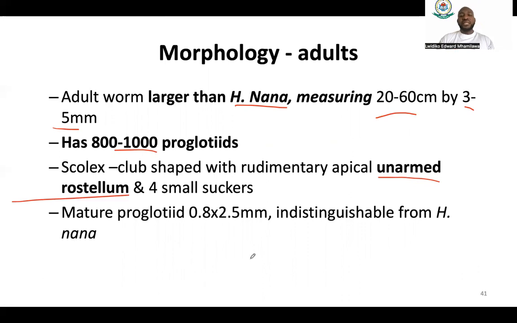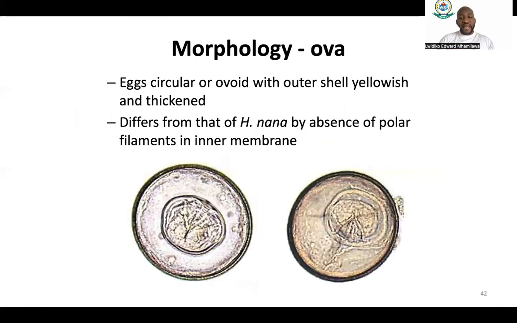So mature proglottids can be up to 2 millimeters wide, and they're not very distinguishable from the H. nana ones. These are the eggs. The eggs are circular to ovoid, but different from Hymenolepis nana, they don't have the polar filaments. I don't know if you remember, I showed you those polar thickenings.